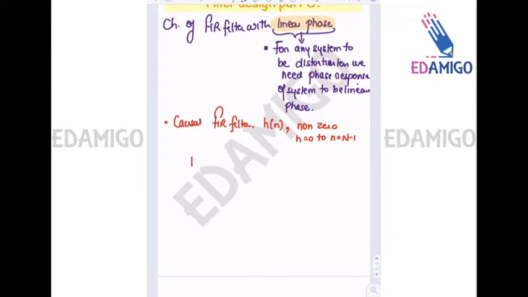So H(z) will be equal to summation n equals 0 to N minus 1 h[n] z to the power minus n. So H(e^jω) is equal to summation n equal to 0 to N minus 1 h[n] e to the power minus jωn.